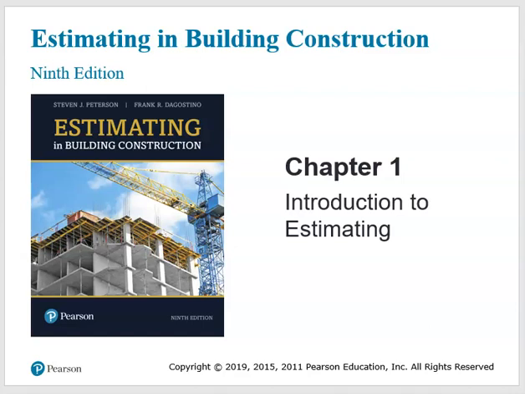Say that square foot number is $225 per square foot, and let's say the house was 2,600 square feet. Well, if somebody came to me and said, I have a 2,600 square foot house, these are the finishes I want, these are the details that I want, what do you think that would cost?